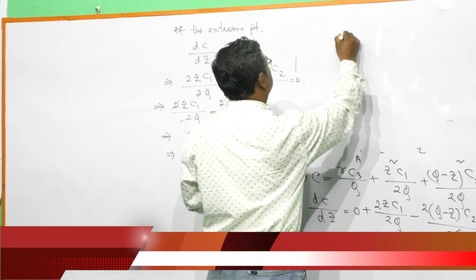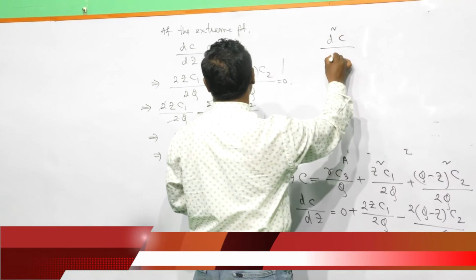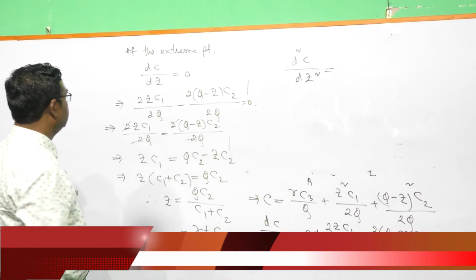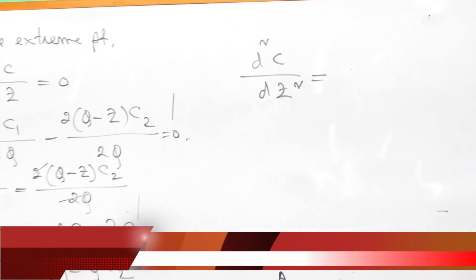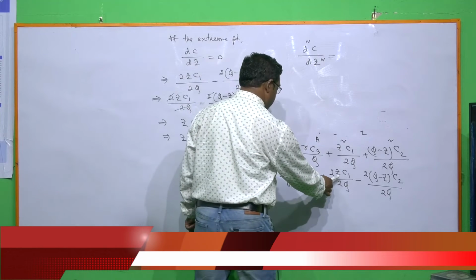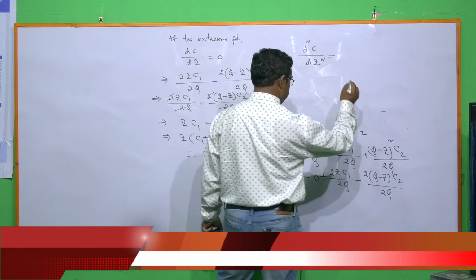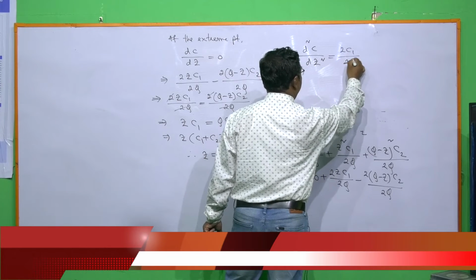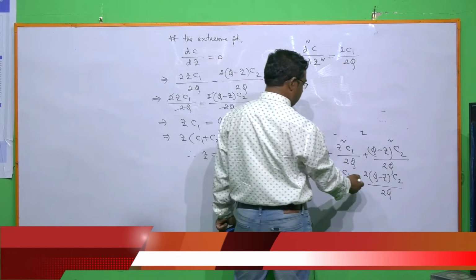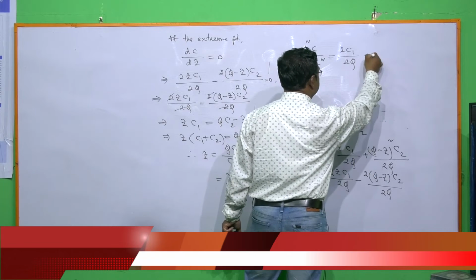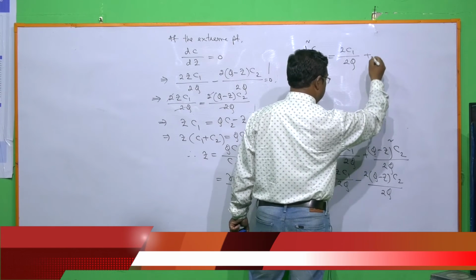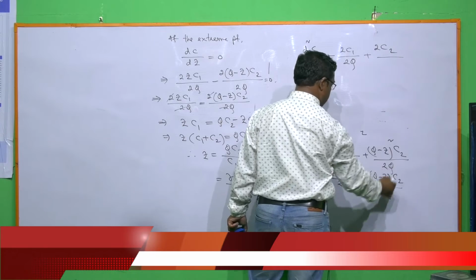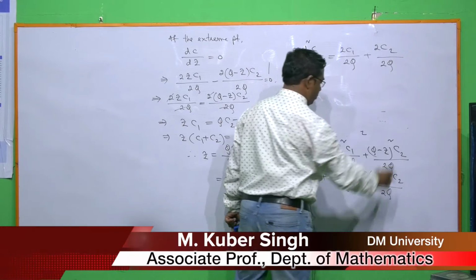Then next you find the second derivative. Now d square C by dz square equals the derivative of this with respect to z: twice C1 by 2Q plus twice C2 by 2Q.